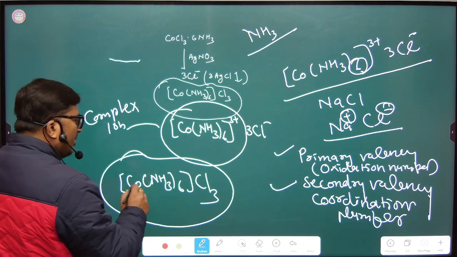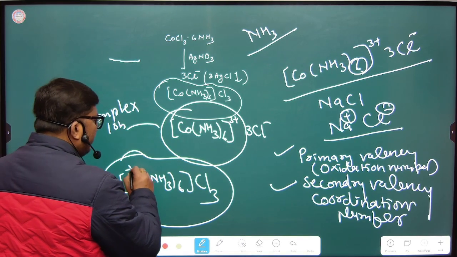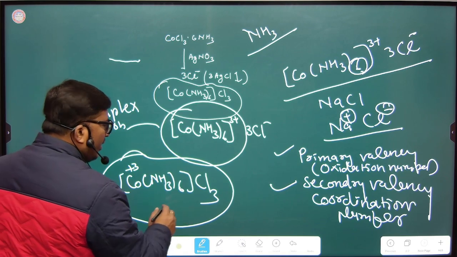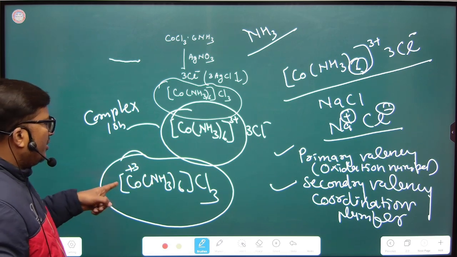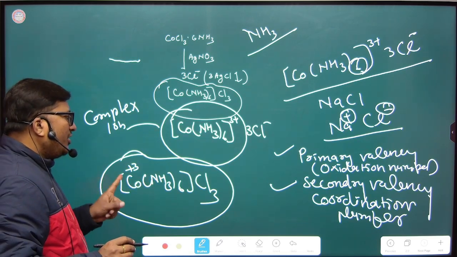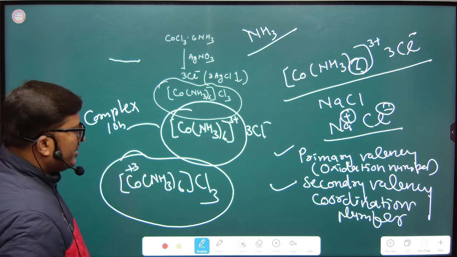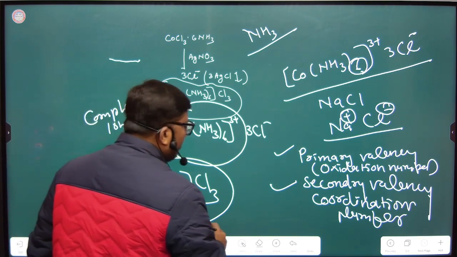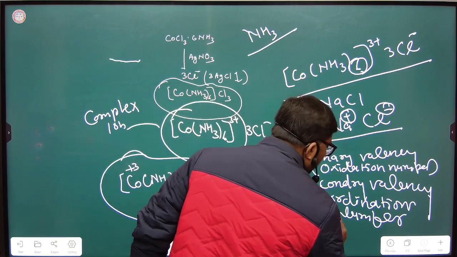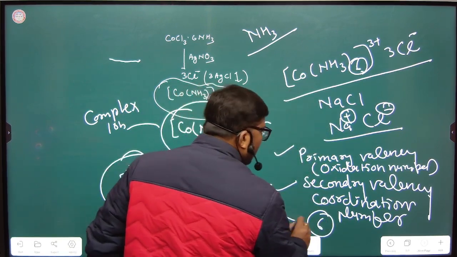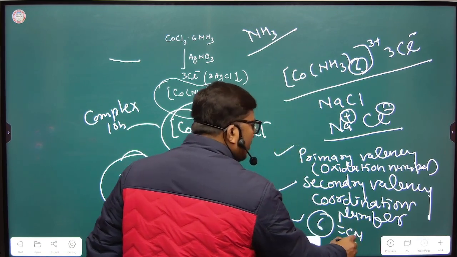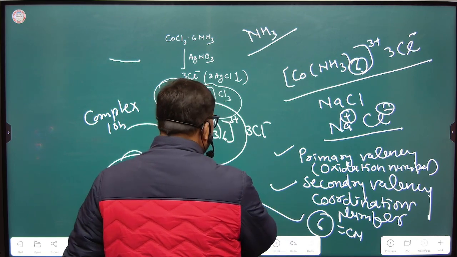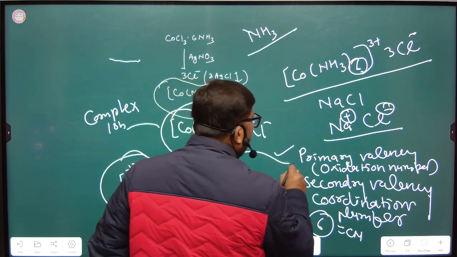That means this cobalt bears plus 3 charge, and the total number of ammonia molecules surrounding the cobalt ion is 6. So the coordination number is 6 and the primary valency is plus 3.